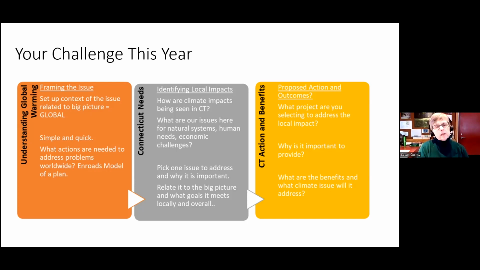Once they've explained the background and what's the issue behind these problems, we then want them to bring it to a more local area. So the transition between the two is when they'd be using that En-ROADS model.